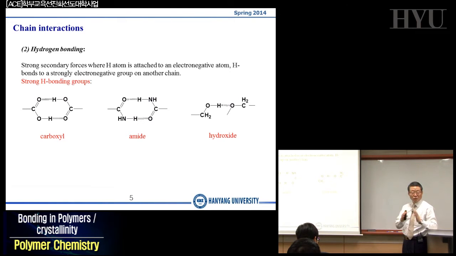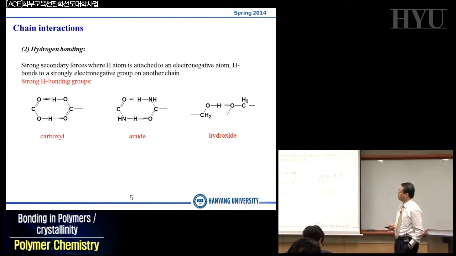Hydroxyl as well. If you have hydrogen bonding, it's shifted to a lower frequency level. If it's a free hydroxyl, it appears around 3,400. But because of the hydrogen bonding, it moves a little bit, maybe 100 to 200 lower frequency level.